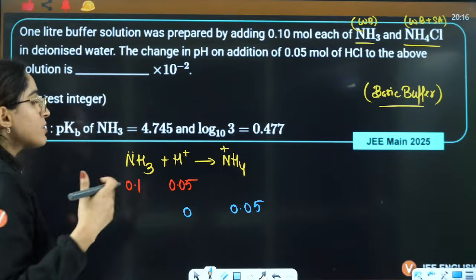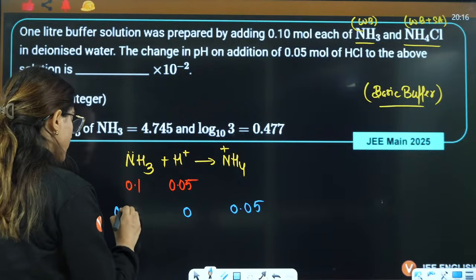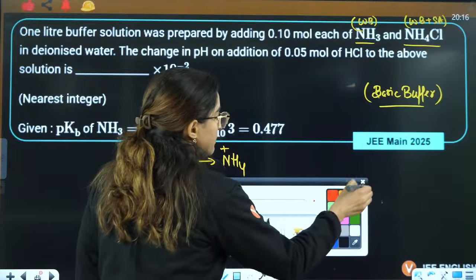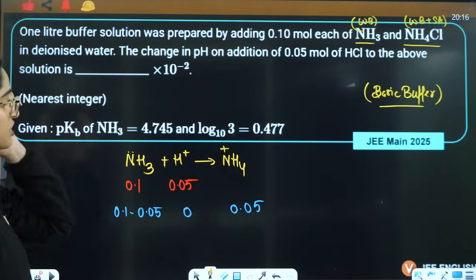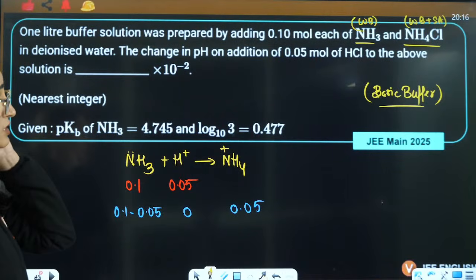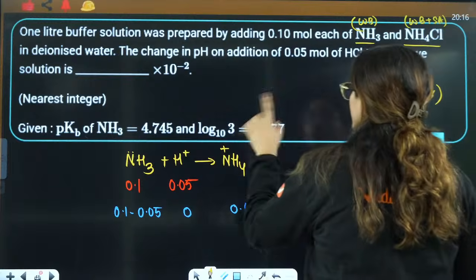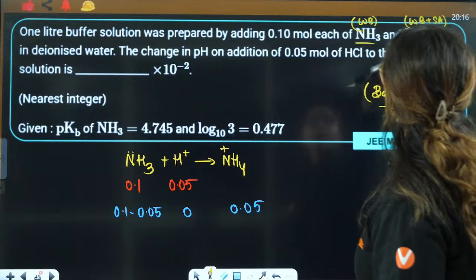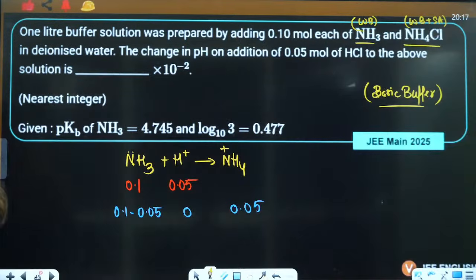That means 0.05 more NH4 positive will be there, and from here 0.1 minus 0.05 will be subtracted, right? Now in this situation, you have to calculate the change in the pH. That means two pH, one from NH3 and one from NH4Cl. These two pH you will see, right?